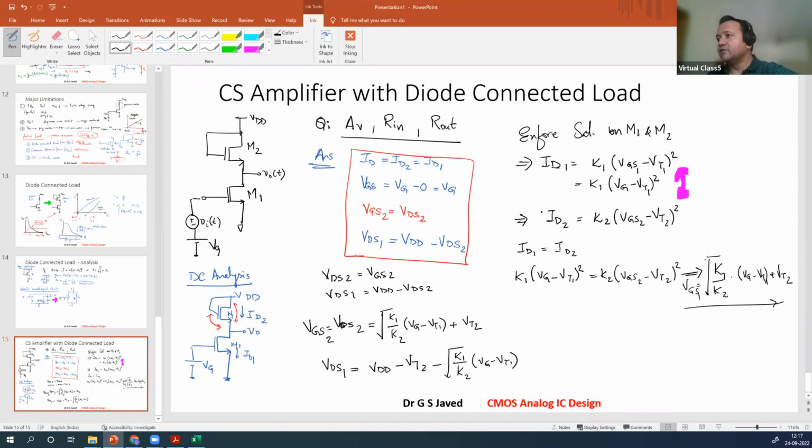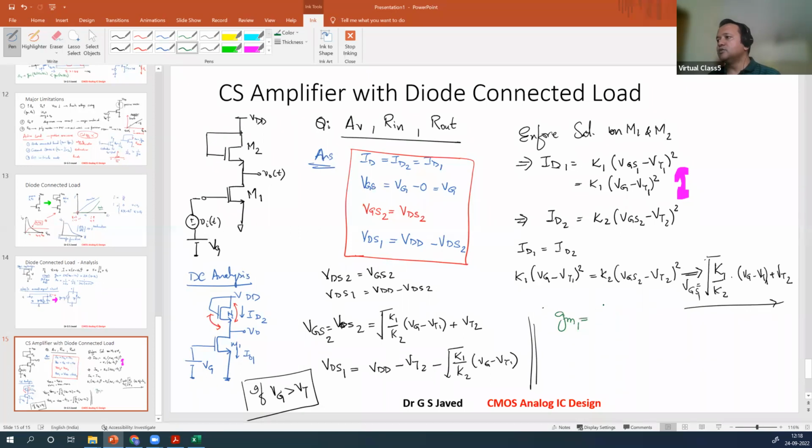VGS1 greater than VT1. VGS1 is greater than VT1 if Vg is greater than VT1. So that will be good. Right? So this is taken care of. So if this value is greater than Vt, then our assumption is correct. We are in the saturation region.